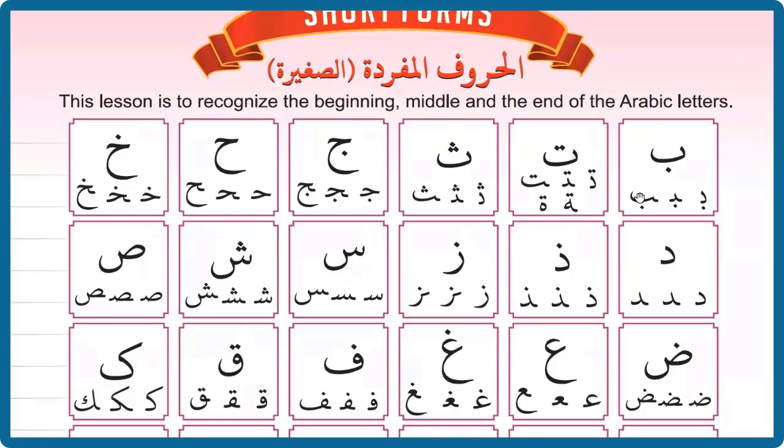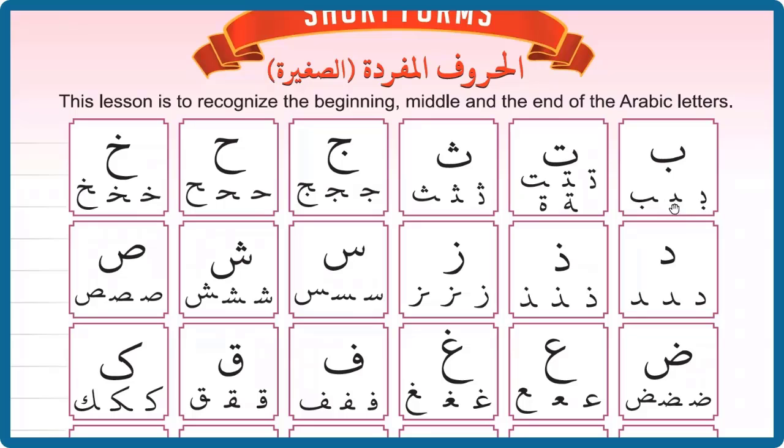Yeah, so here you can see, this is the Ba, right? And you can see that there are different shapes of Ba. Ba is like a boat with a dot at the bottom, right? So there are different shapes of Ba. Whenever Ba comes in the initial form, like at the beginning of the word, the Ba would be in this shape, right?